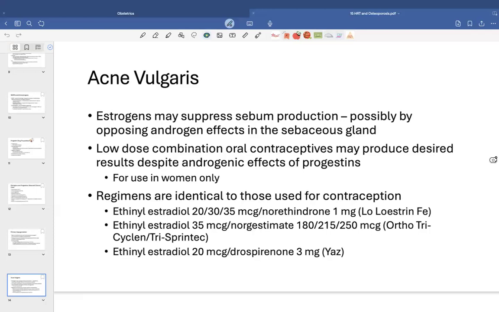The regimen for acne is going to pretty much mimic how you use cyclical oral contraception.